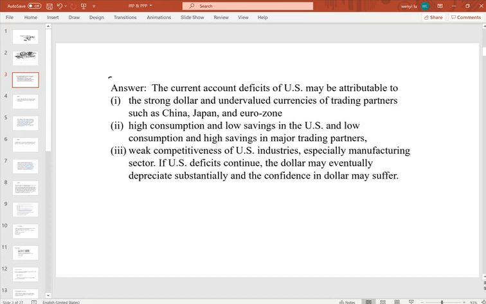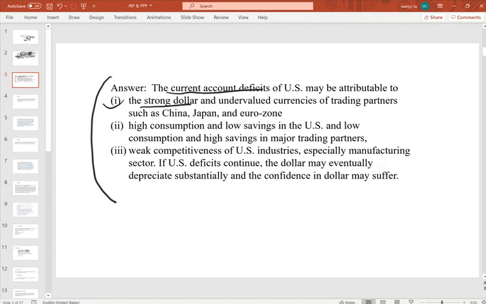You can see here, I try to put the details for why we incur the current account deficits. First, we have a strong dollar. The strong dollar is good if we want to buy something from a foreign country, because we can use a strong dollar to pay the importers.